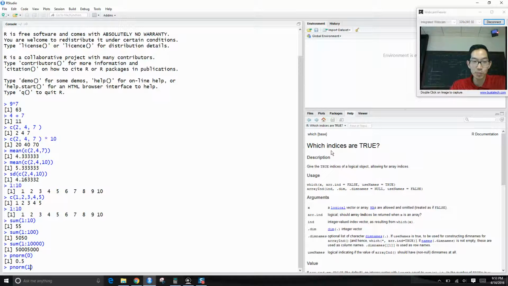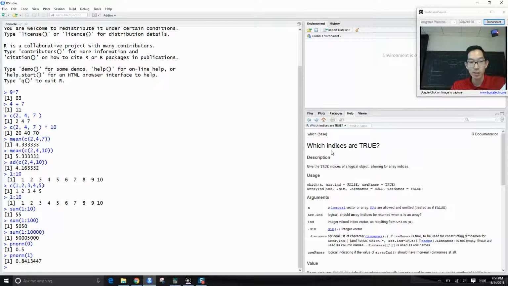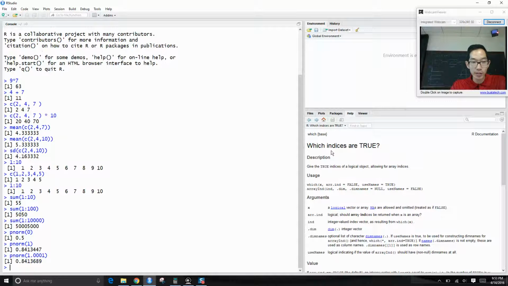I say, okay, pnorm 1, if you look at your table, the area to the left is 0.8413. R says, actually, it's 0.8413447. So you can give it very precise different things, and it's got a very precise normal distribution in there, okay?